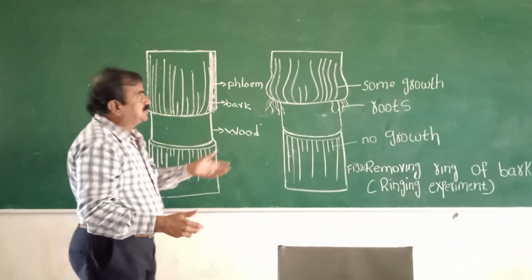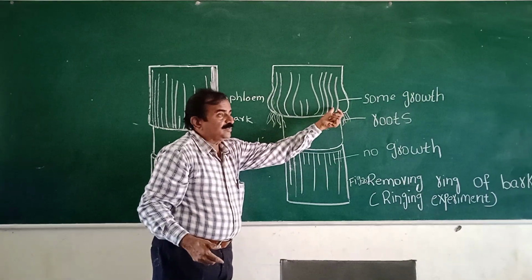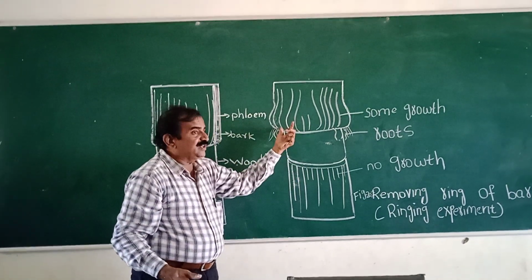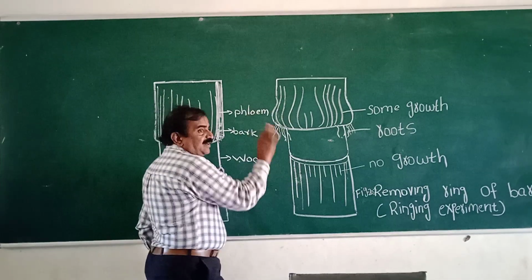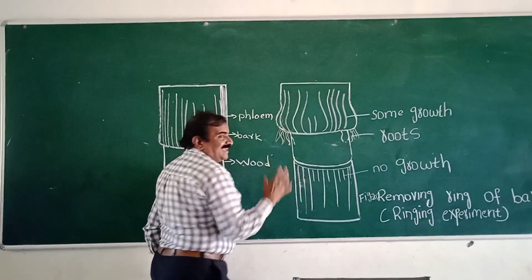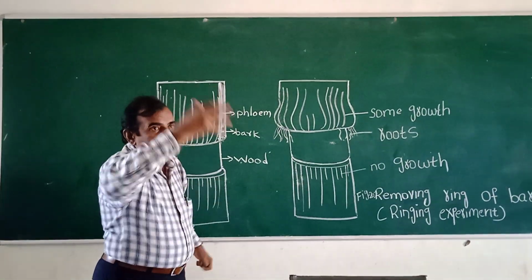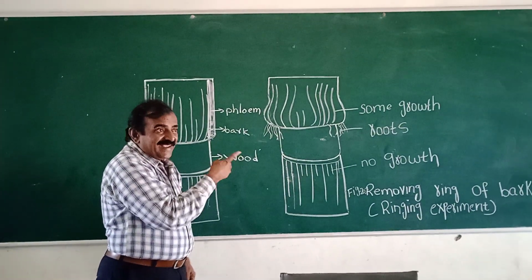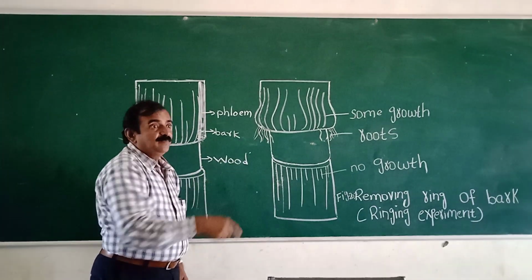After a few days you see accumulation of food. This part becomes bulged, and this part does not, and here food is stored. After a few months, the entire plant dies. Why does the plant die? What is the reason?